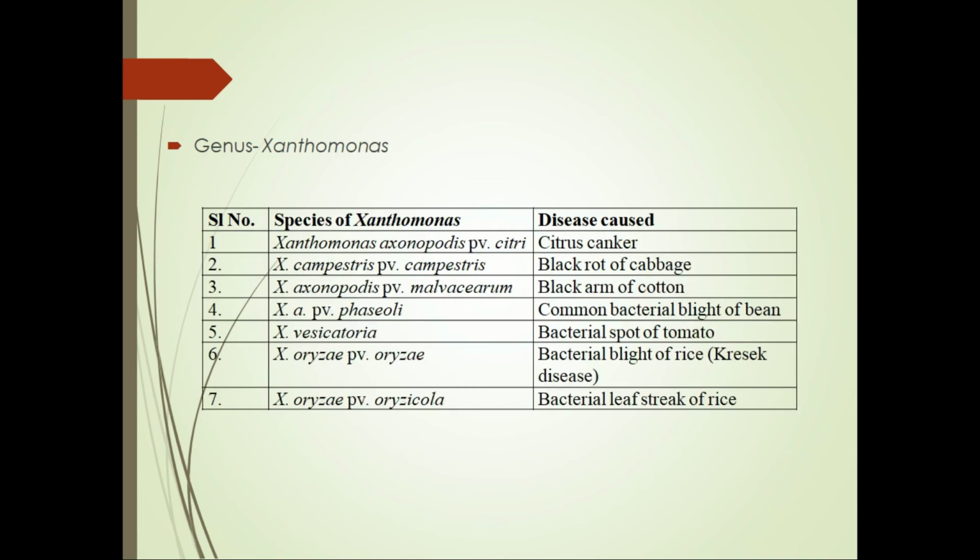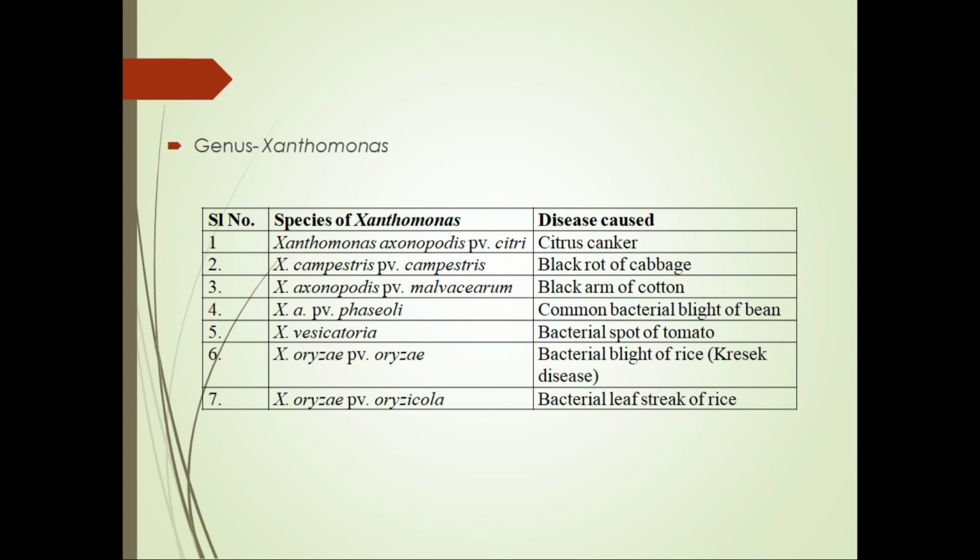Genus Xanthomonas. We have many important diseases here, internationally important diseases. Citrus canker, a disease of quarantine importance, is caused by Xanthomonas axonopodis pathovar citri. Then black rot of cabbage, black arm of cotton, bacterial blight of bean. So here basically you have to know the name of the pathogen and the disease caused.